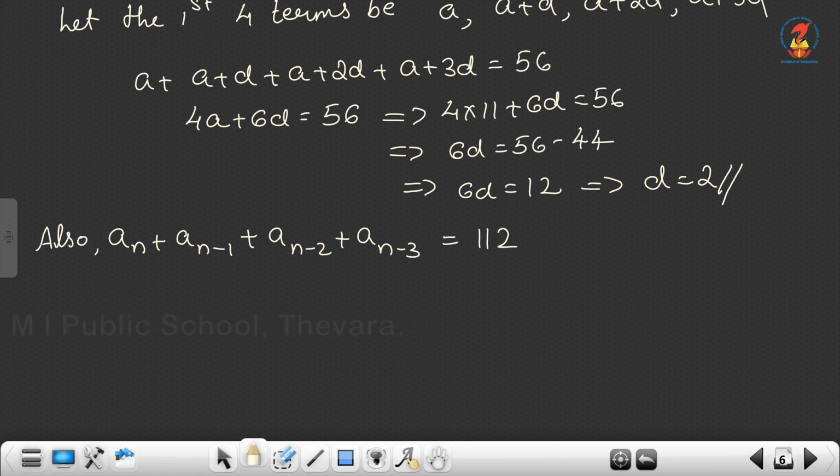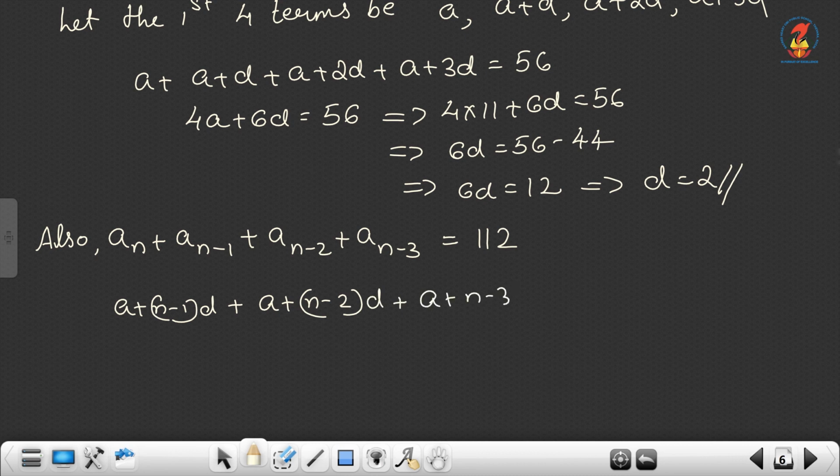Nth term is a plus n minus 1 into d. N minus 1th term is a plus n minus 2 d, plus a plus n minus 3 into d, plus a plus n minus 4 into d is equal to 112.